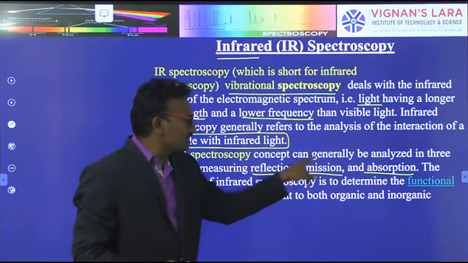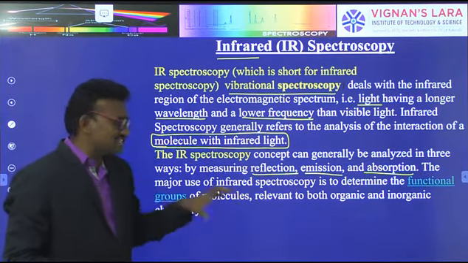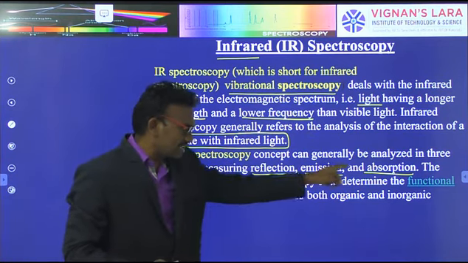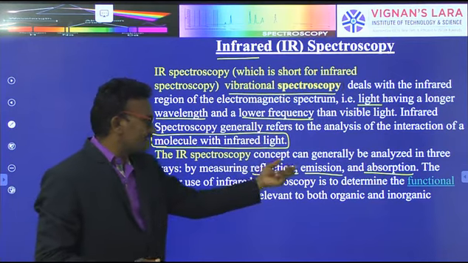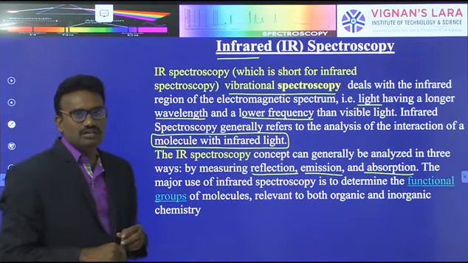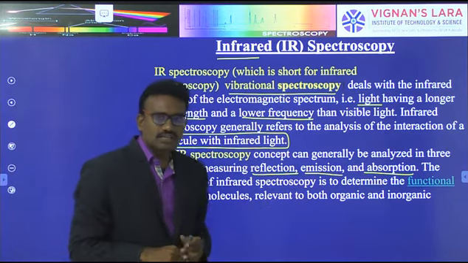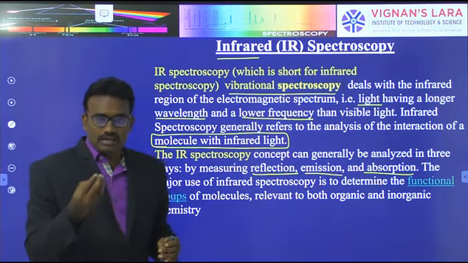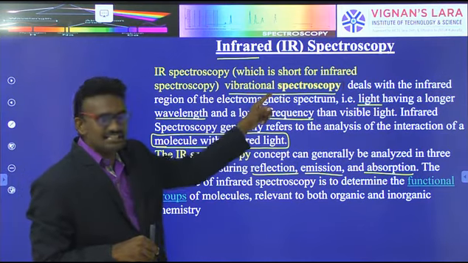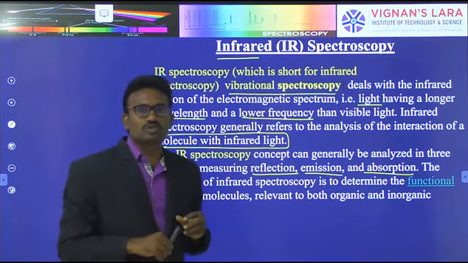So any molecule exhibits one of these processes. Some molecules absorb IR light, some emit IR light, some reflect IR light. In any process, the molecules absorb light to vibrate the atoms. That is called vibrational spectroscopy.